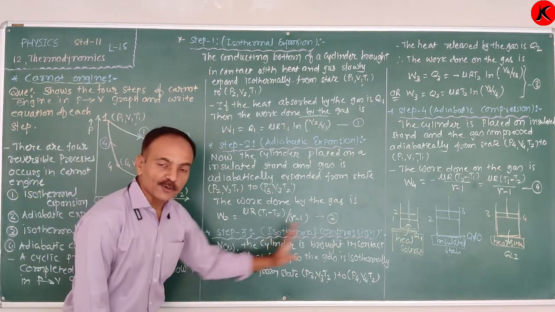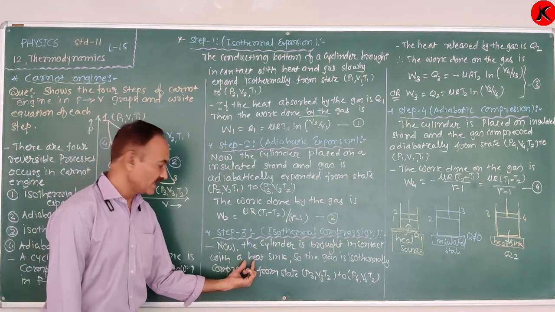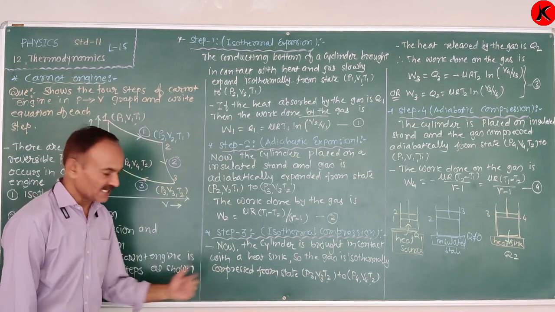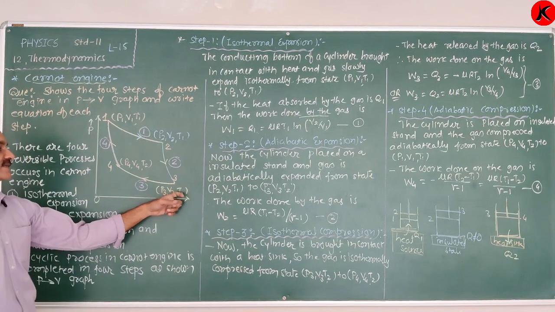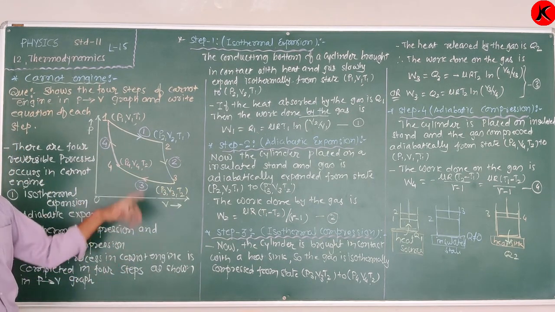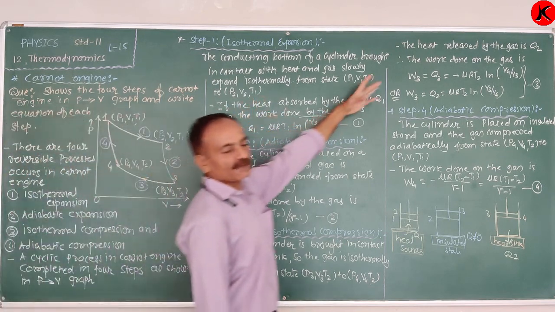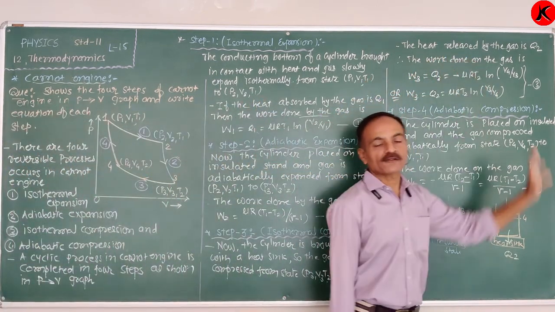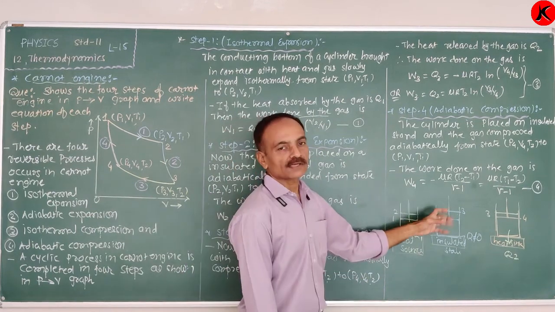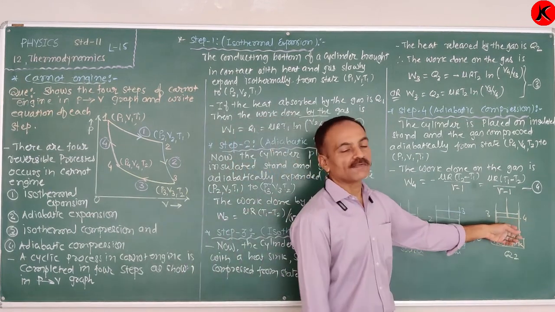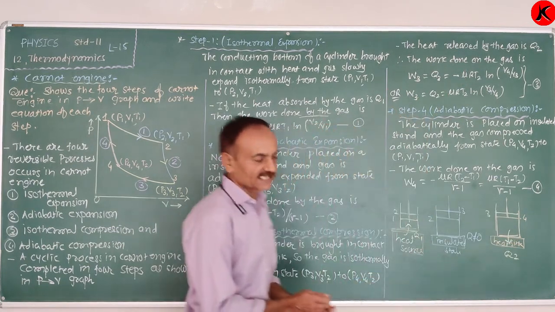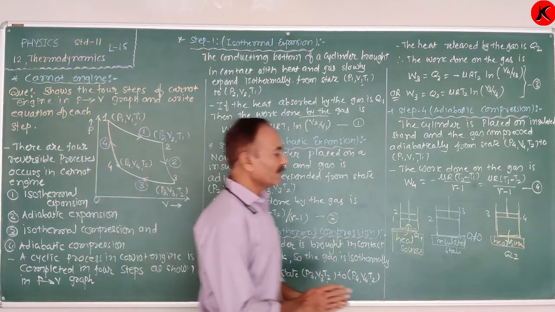Now the cylinder is brought in contact with the heat sink. So the gas is isothermally compressed from P3 V3 T2 to P4 V4 T2. If the heat released by the gas is Q2, then we consider the work done on the gas. What is the work done?